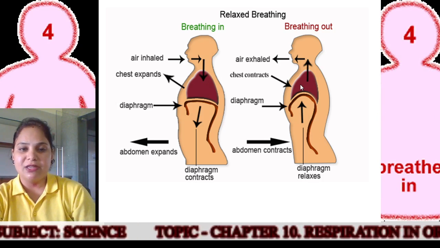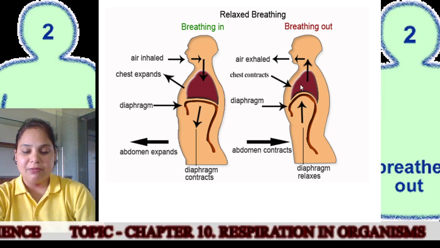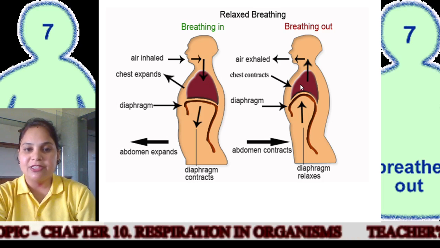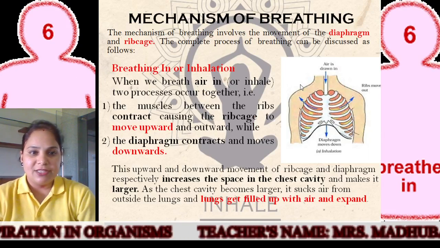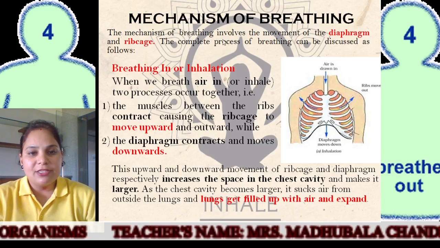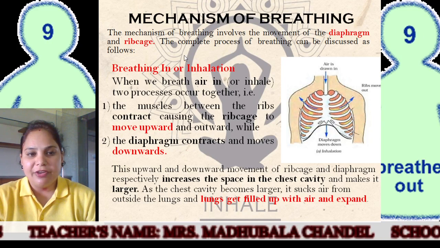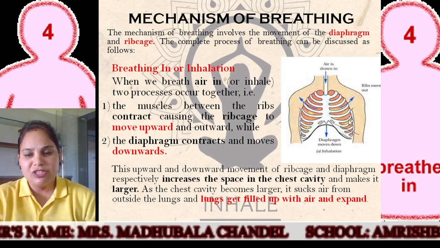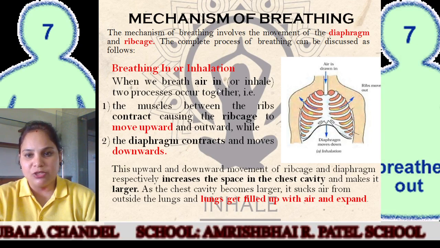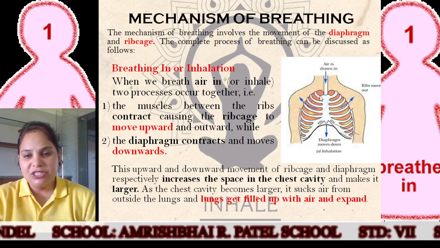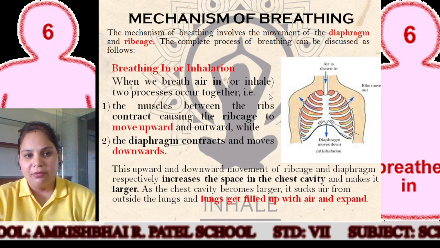This is the basic mechanism of breathing in, that is inhalation, and breathing out, that is exhalation. The breathing mechanism involves the movement of the diaphragm and the rib cage. There are two movements taking place during breathing, the diaphragm and the rib cage, and position changes occur in both.